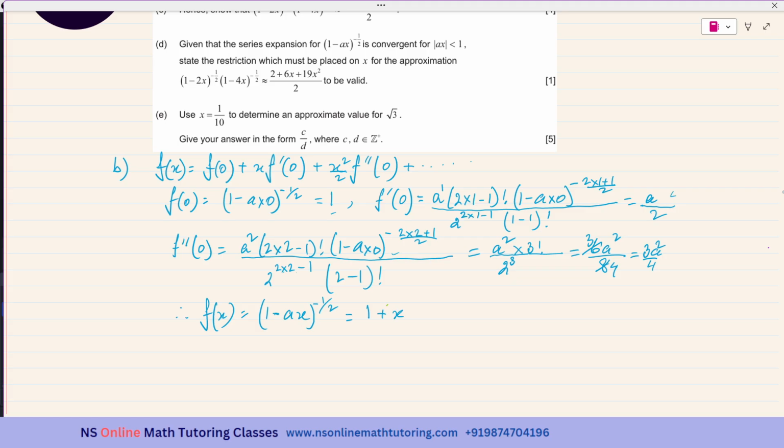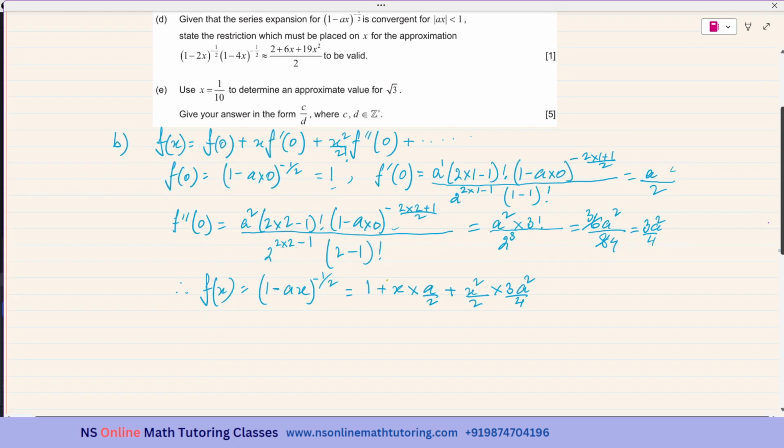It is a over 2 plus x square over factorial 2, which is 2, and this is 3a square over 4.